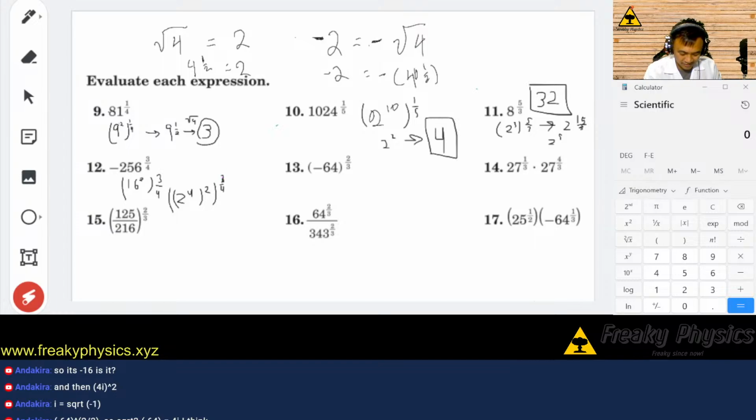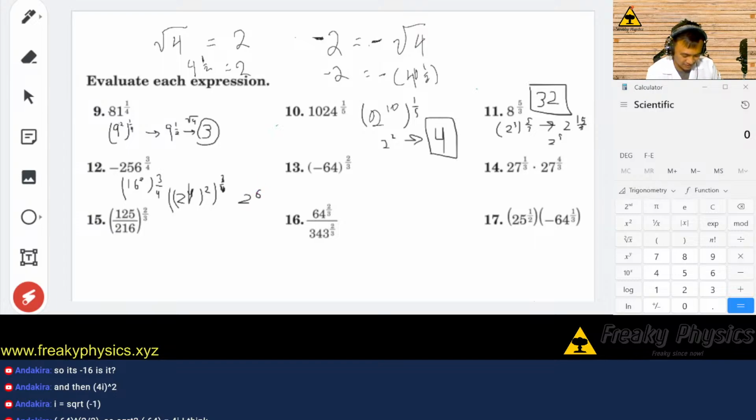So what cancels out immediately? This one and this one. So let's cancel that out. What's left over? 3 and 2. So what's that going to give you now? 6. So 2 raised to 6.